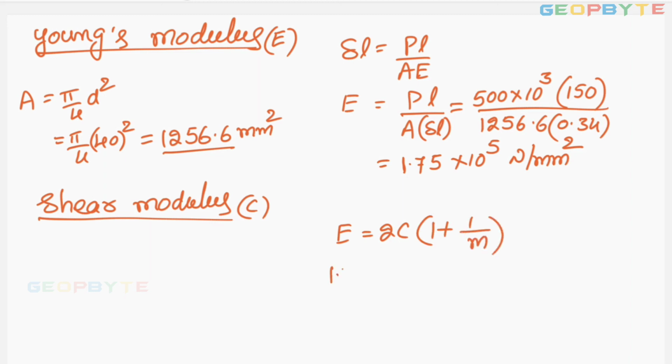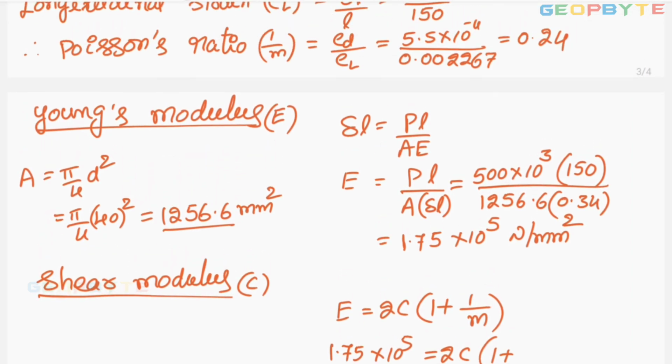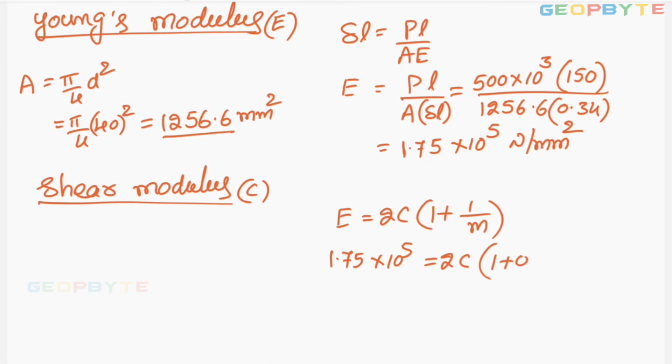E 1.75 into 10 raised 5 is equal to 2 into C into 1 plus 1 by m. Just now we got it 0.24, Poisson's ratio 0.24. Simplify this value to get the shear modulus around 0.7 into 10 raised 5 Newton per mm square.